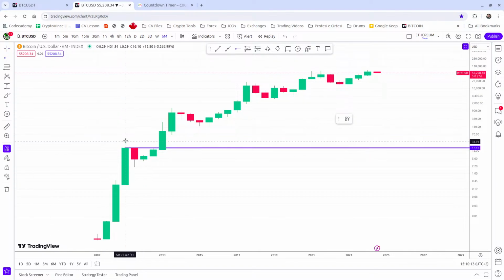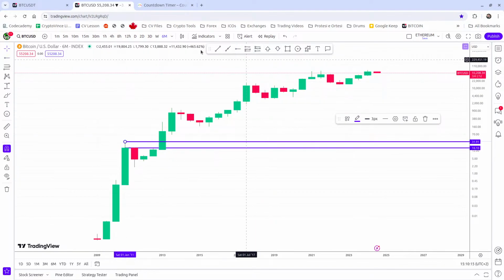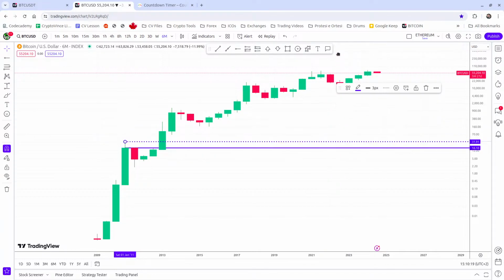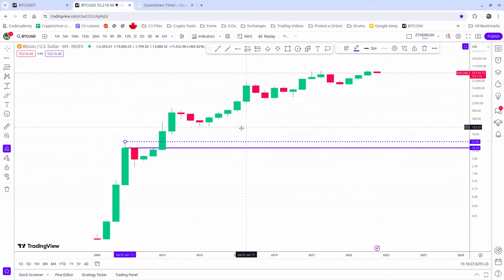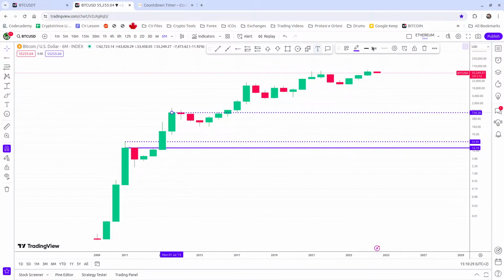The wick also, I'm going to trace it just to take it into consideration, because it's a level that we have to consider, but the candle close is way more important.